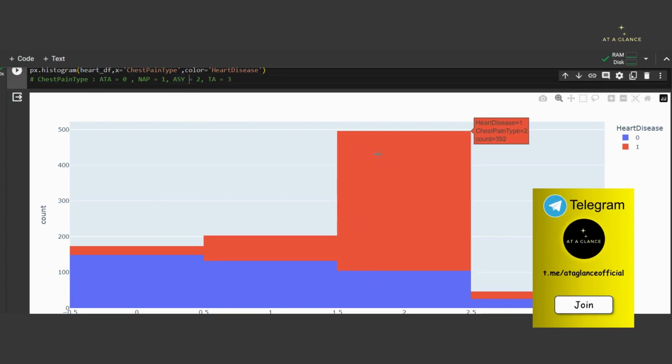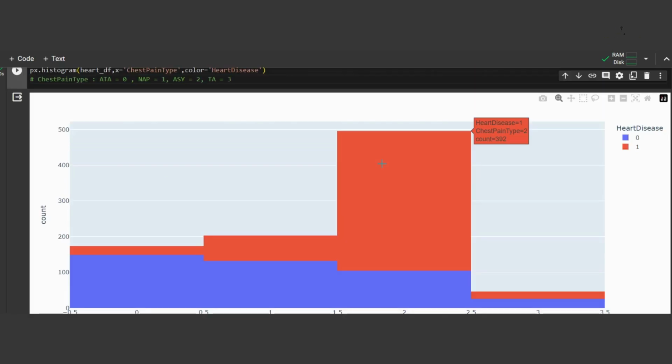By looking at the graph, we can clearly see that if you have asymptomatic chest pain, there are high chances that the patient will have heart disease, because more patients here who have asymptomatic anginal pain have heart disease.